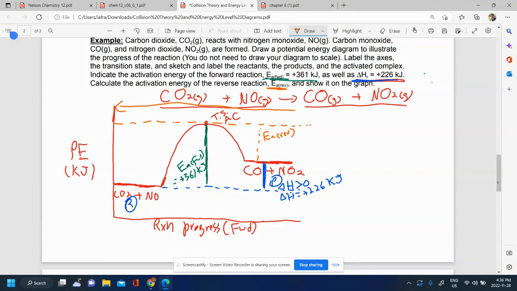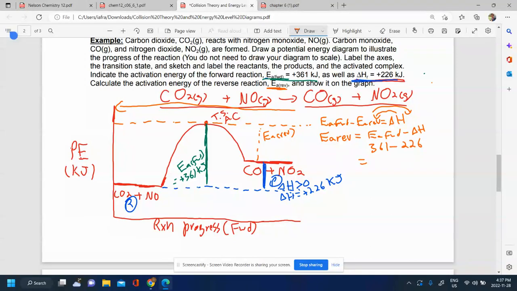So remember that there's a relationship that exists here. We know that the EA forward minus EA reverse is equal to your delta H. So what that means is that our EA reverse, if I rearrange everything properly, if I send this to this side and this to this side, is going to be EA forward minus delta H. In other words, it's going to be 361 minus 226.